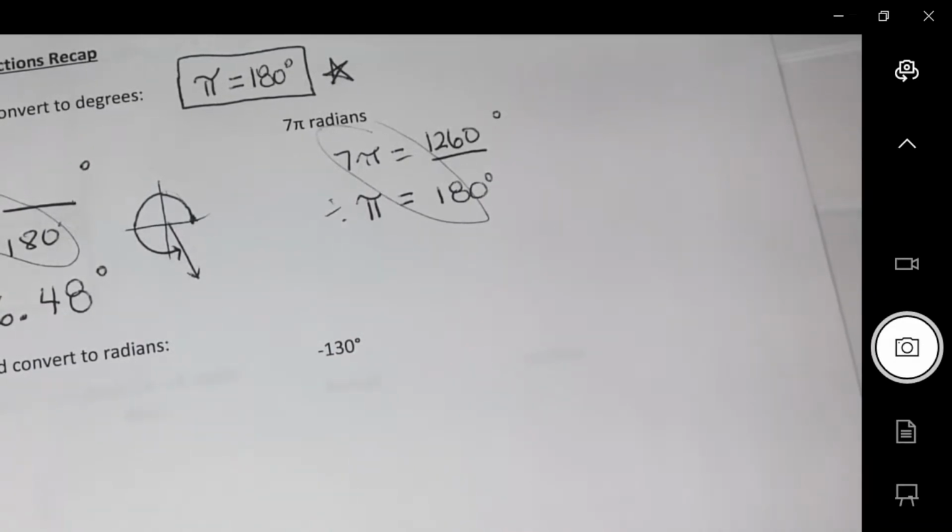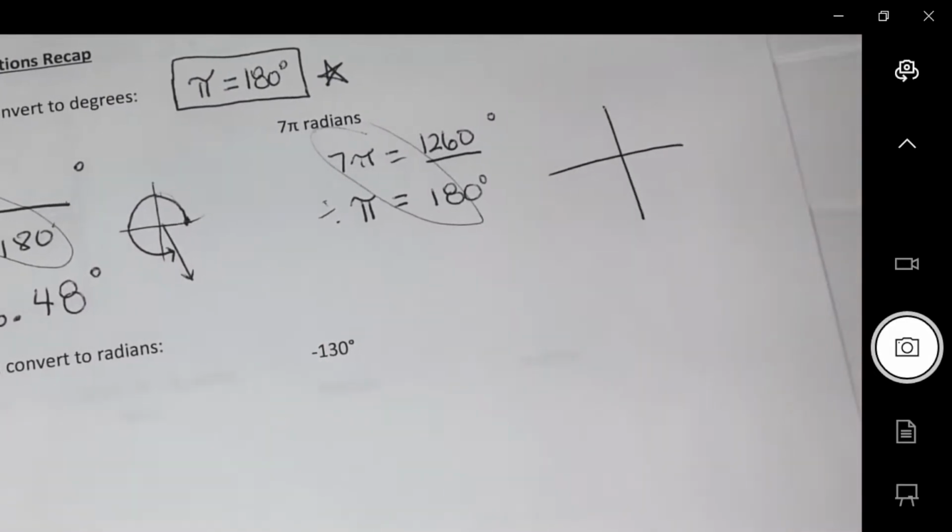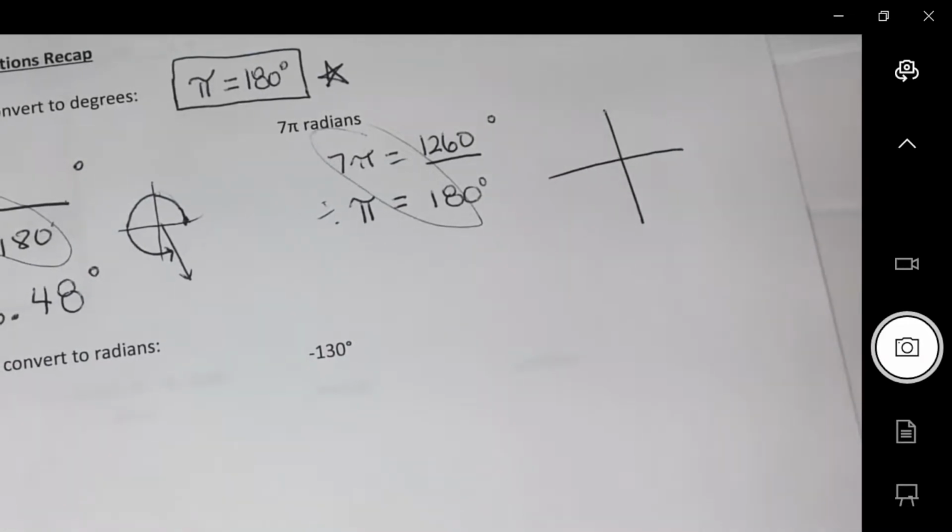Okay, I got a big number. Does that make sense? 1,260. Is that what anybody else got? Okay, how are we going to rotate that much? What do you already know? Well, that's going to make you spin around a few times, right? Are you visualizing that? You're going to spin, spin, spin.